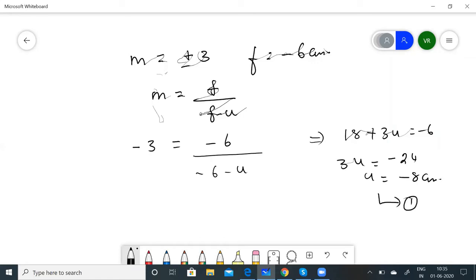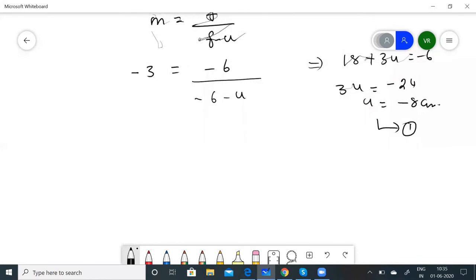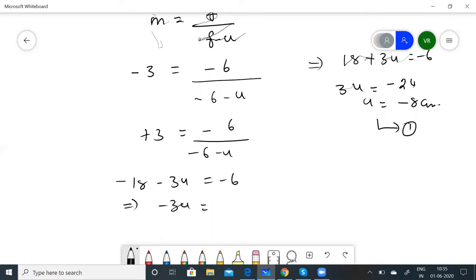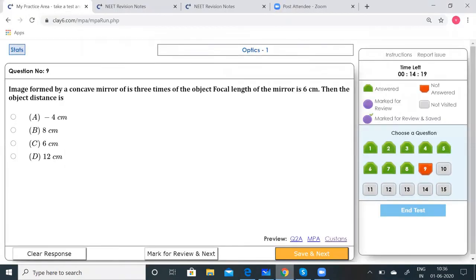What is the case for a virtual image? Plus 3 is equal to minus 6 by minus 6 minus u, then it becomes minus 18 minus 3u is equal to minus 6, which implies minus 3u is equal to 12, or therefore u is equal to minus 4 centimeters. Let's see which option is correct. So option A, minus 4 centimeters, is correct. So let's take that.